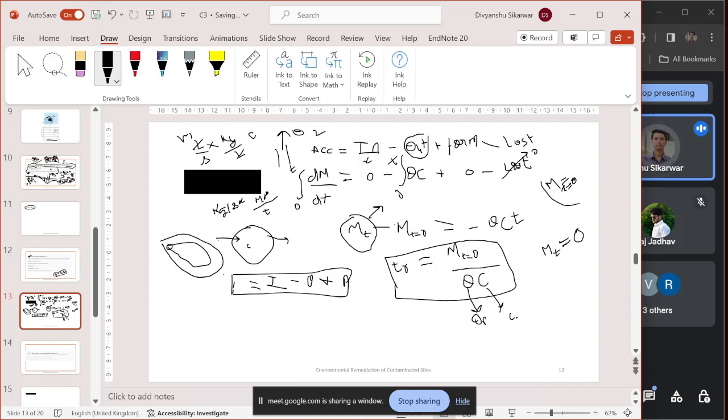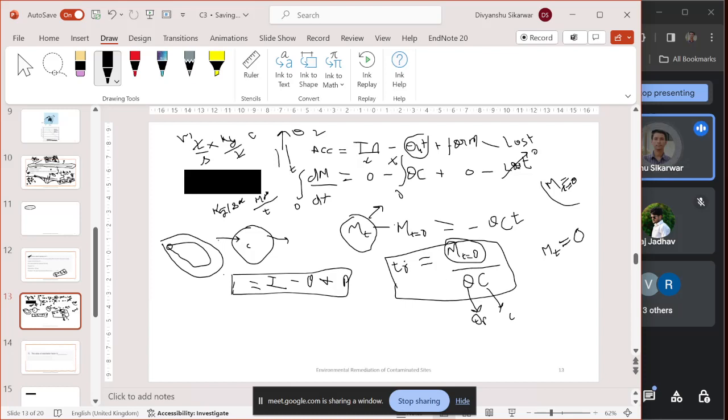Once we know this, for calculating T_R we need some information. We need to know the M value.